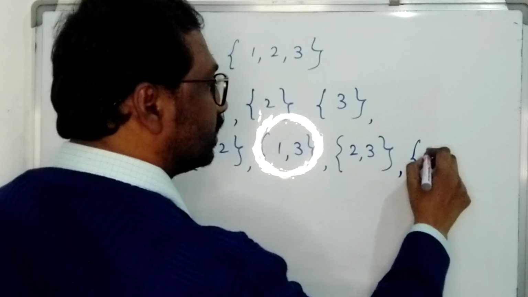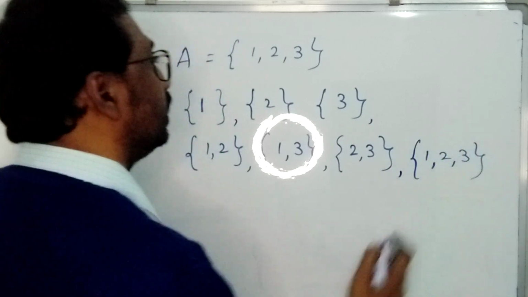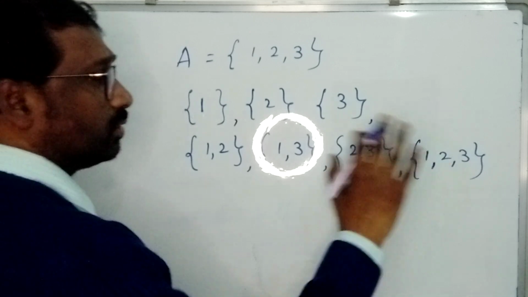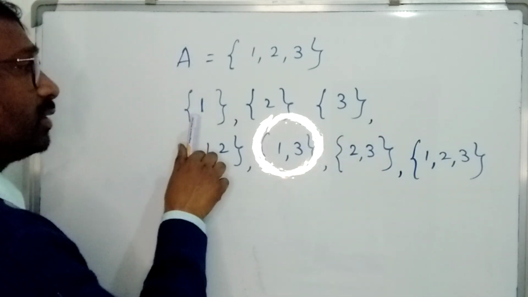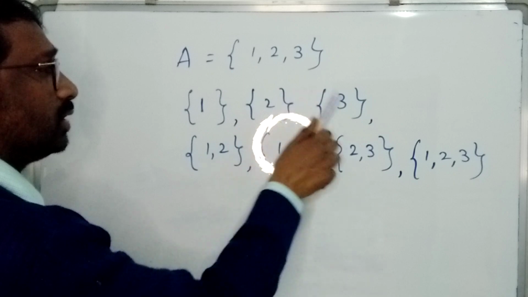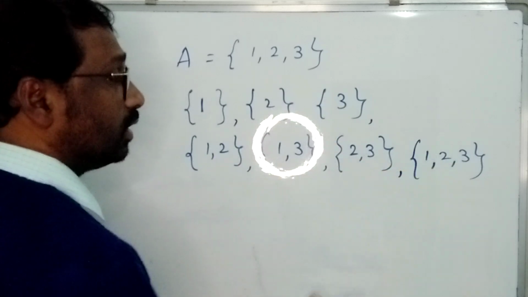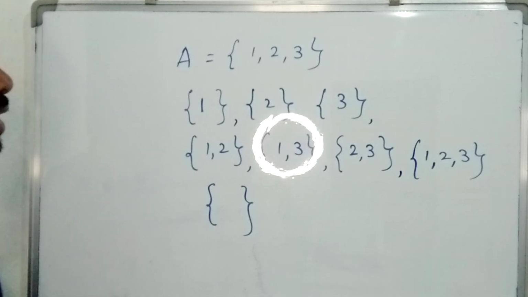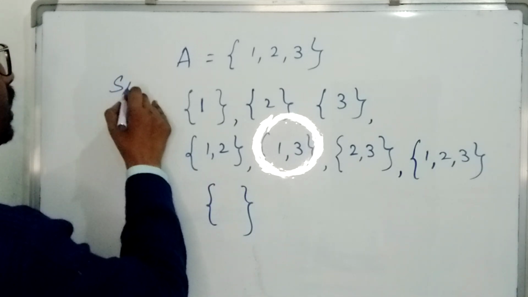Next take 3 elements. 1 comma 2 comma 3. After 2 comma 3 we don't have another element. That's why 1 comma 2 comma 3. So how many sets are formed here? 1, 2, 3, 4, 5, 6, 7. And also the null set is a subset of every set, right? So in total we got 8 subsets of the given set. So these are the subsets of A.